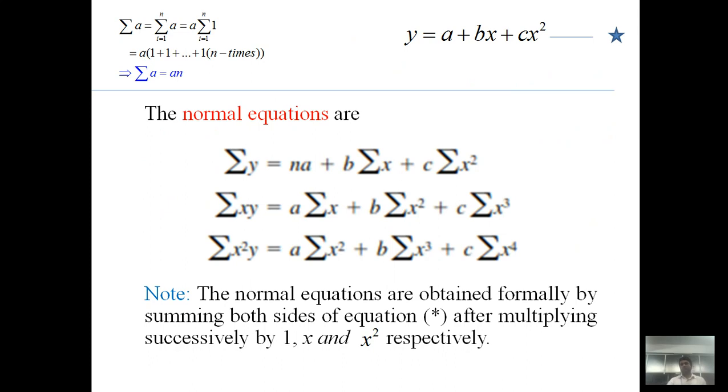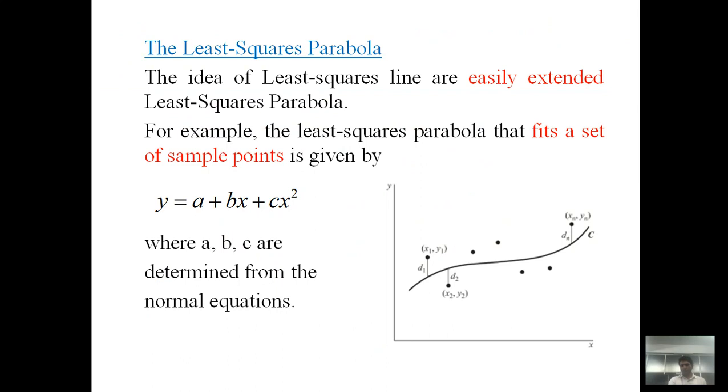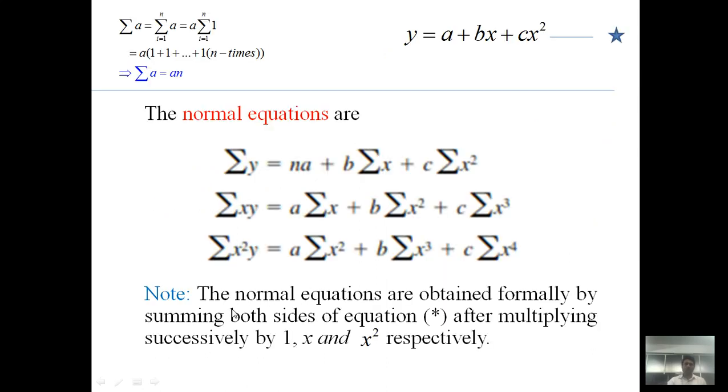So how can we find the values of the unknowns a, b, c? These values are obtained by solving the normal equations. How can we get the normal equations? The normal equation is nothing but a derivation of the least square method.